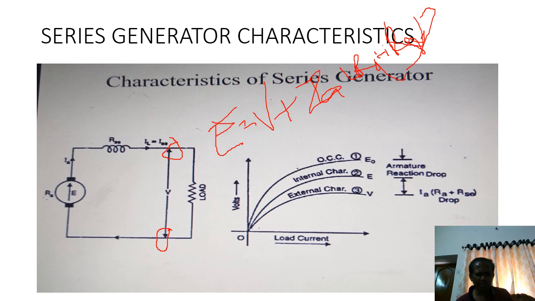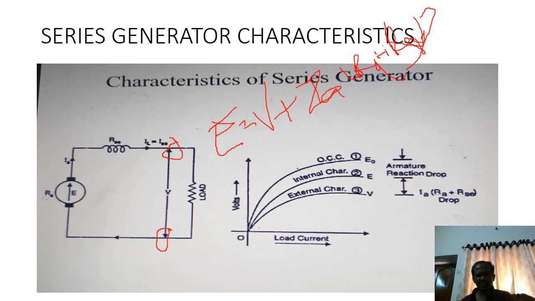That is the armature resistance Ra, the armature current Ia, the shunt field resistance, the field current, and the voltage V. The drop is Ia into Ra.